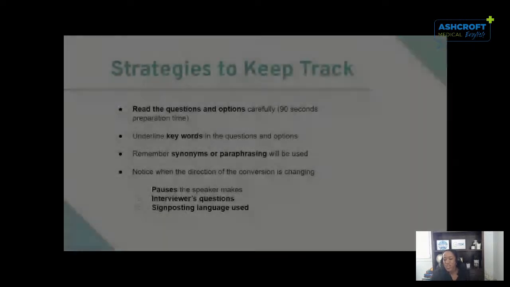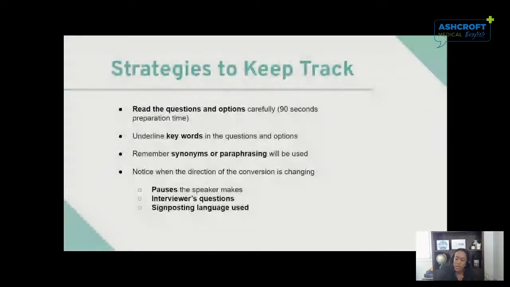There are some strategies that you can use in order to keep track a little more easily. First of all, use your preparation time well. You will have 90 seconds to prepare. It will mean that you need to read quite quickly, but you should also be careful so that you're actually gathering the meaning of what you're reading properly.